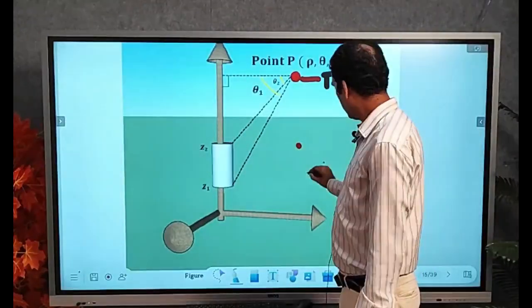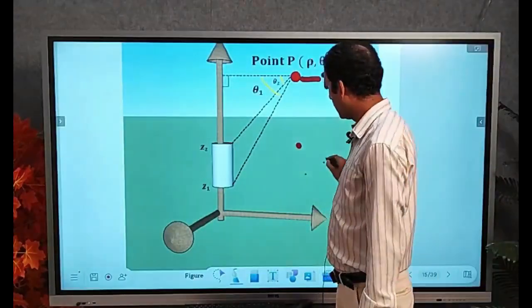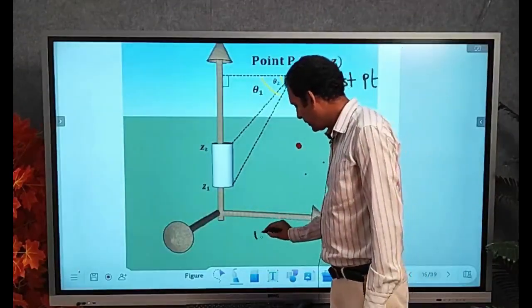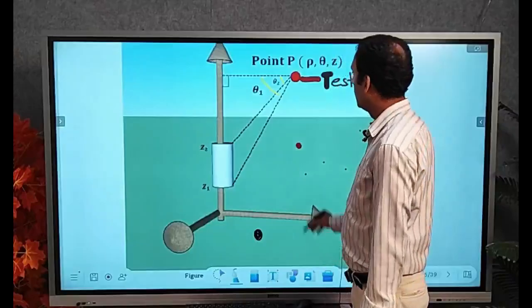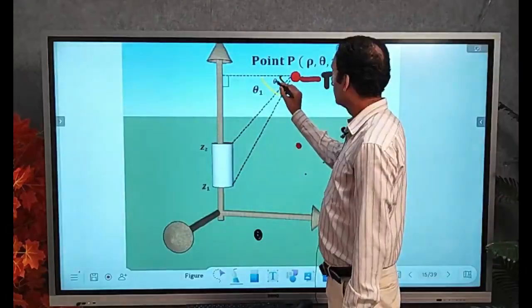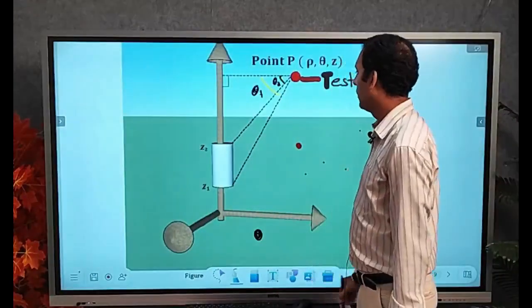So there may be different points at different positions. Some may be at the center, some down, some above. First we considered the test point here. Now we'll consider here. So this is theta 2 and this is theta 1.